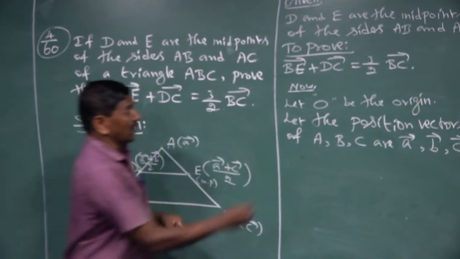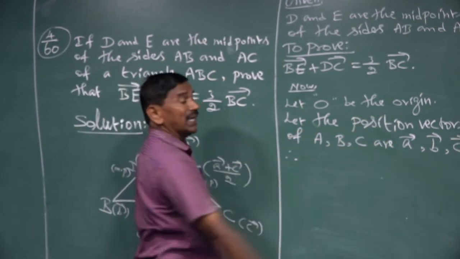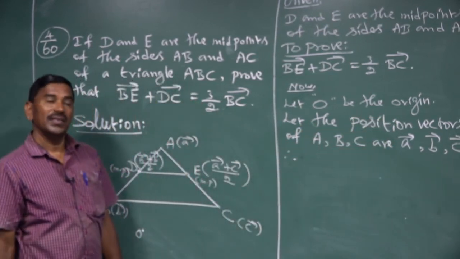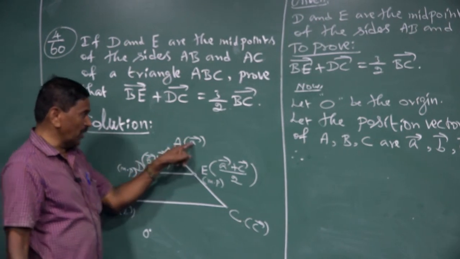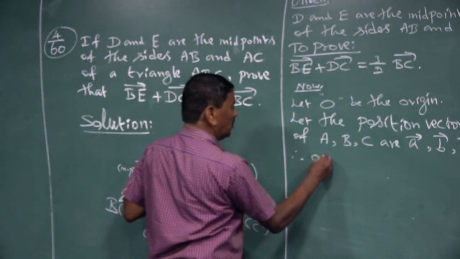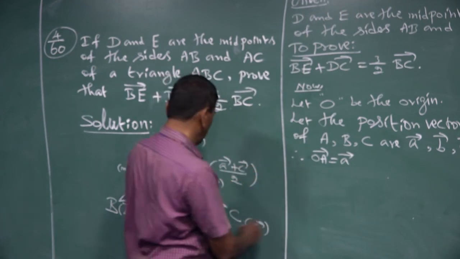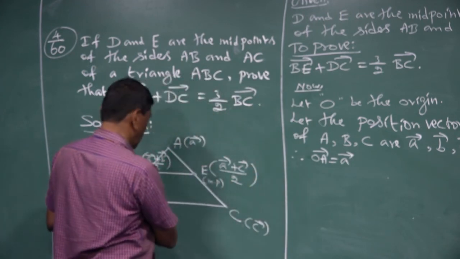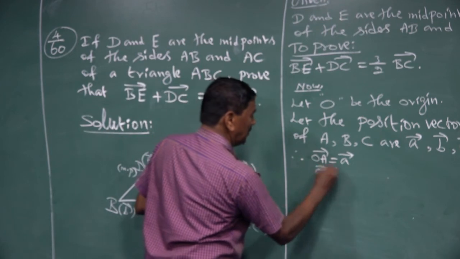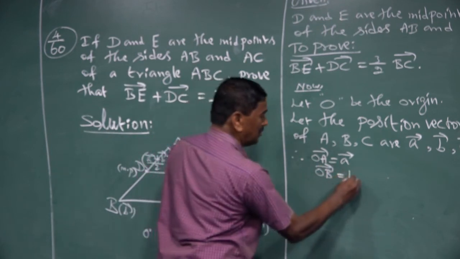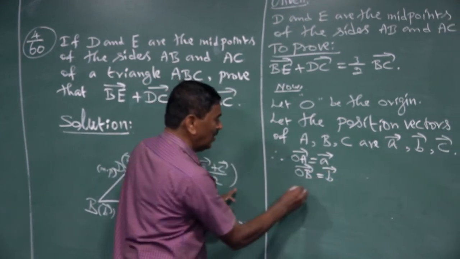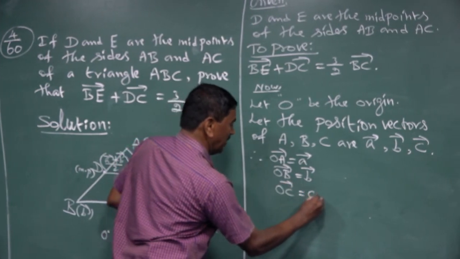Which means, in equation form: OA vector is equal to a vector. Next, OB vector is equal to b vector. Next, OC vector is equal to c vector.